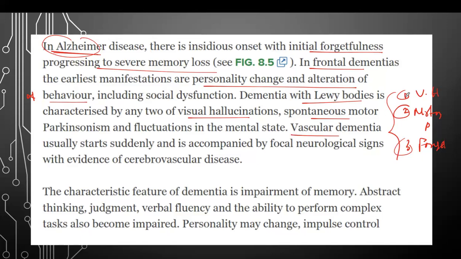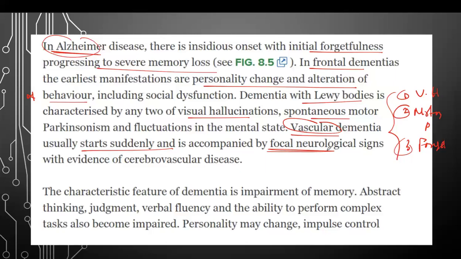Among all of these dementias, the three we have discussed, all of them are chronic. But if a dementia starts very suddenly, like the patient had a head injury and suddenly starts to get forgetful, that's the time you would think of vascular dementia. So it starts suddenly, and many times it can have neurological problems.